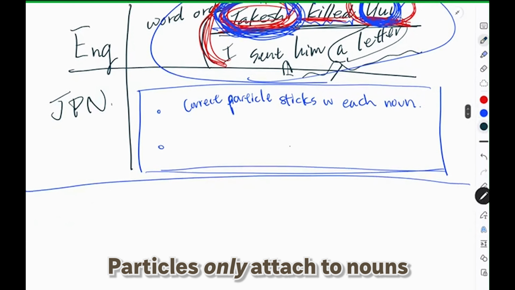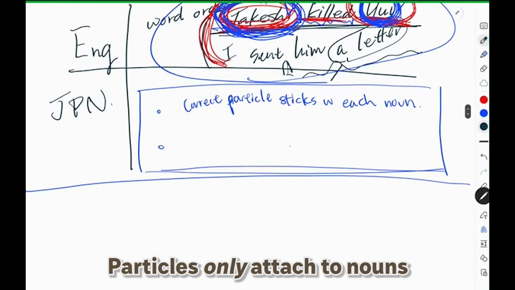So the first rule is to put the correct particle. It's like a puzzle, basically. For each noun, you have to pick the correct puzzle piece. After you put each correct particle to each noun, that becomes one group, so you can shuffle the word order together with the particle. You can't leave the particles out.